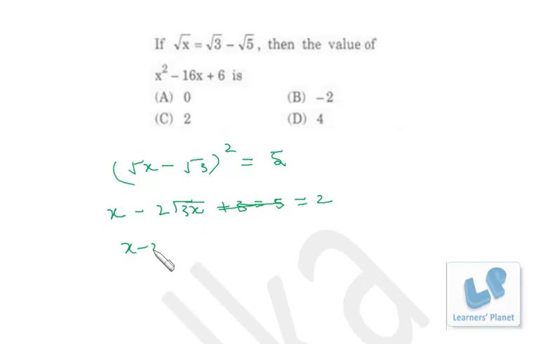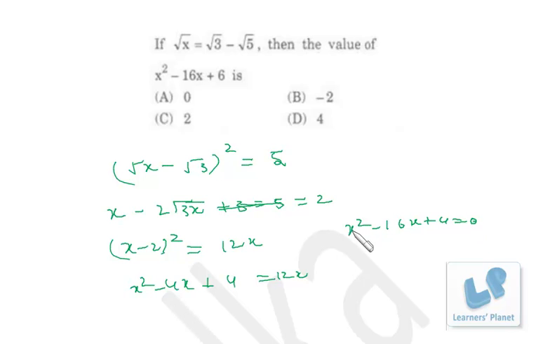So what I can do, x minus 2 whole square is equal to, I just square this term also by taking it to the right hand side, 4 into 3, 12x, right? Now this is x square minus 4x plus 4 is equal to 12x. If this 12x comes this side, it will be x square minus 16x plus 4 is equal to 0.